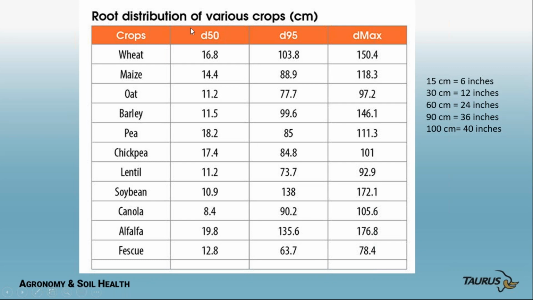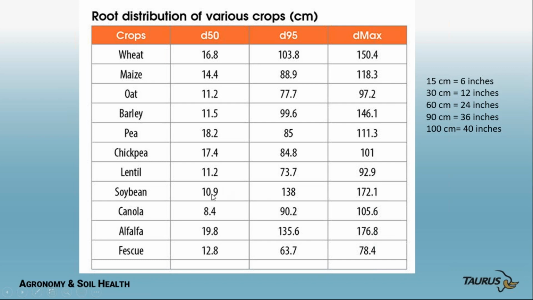D50 means that the density of roots for 50% of the roots in the plant all are within 8.4 centimeters of the top. Man, those big roots are on the top where there's lots of nutrients. They can extract nutrients. A little bit of rain and those roots are right there pulling it in. Soybeans go down fairly deep, but not nearly as deep as canola.